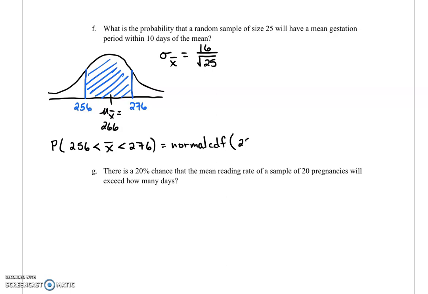Lower boundary is 256. Upper boundary is 276. The mean is 266. And where we put the standard deviation, it's 16 over square root of 25. When we put that in the calculator, we get a probability of 0.9982.